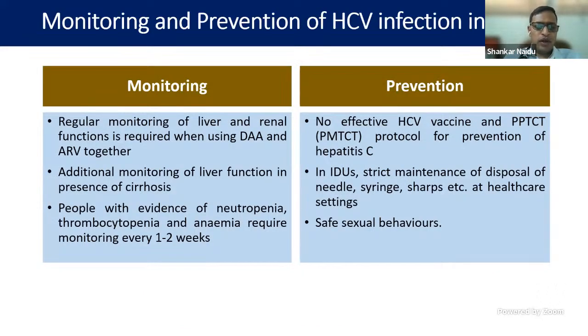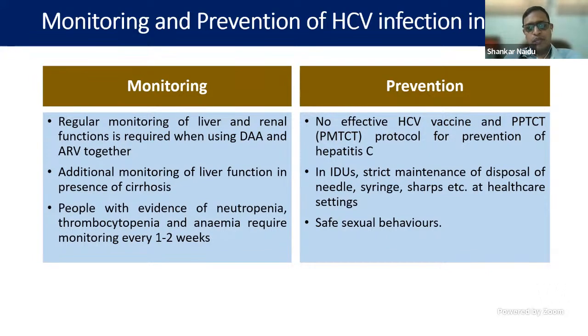And regarding the monitoring of these patients after we start therapy, regular monitoring of both liver and renal functions is required while the patients are on dual therapy. Additional monitoring of liver function is required in the presence of cirrhosis. And patients who have cytopenias in the form of neutropenia, thrombocytopenia, and anemia require monitoring every 1 to 2 weeks.